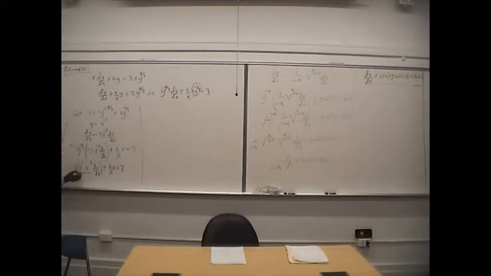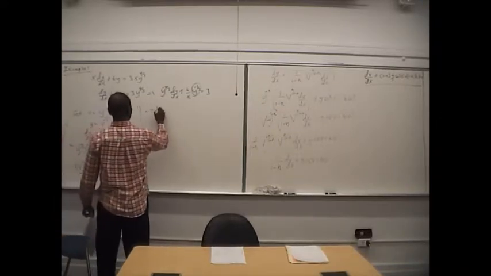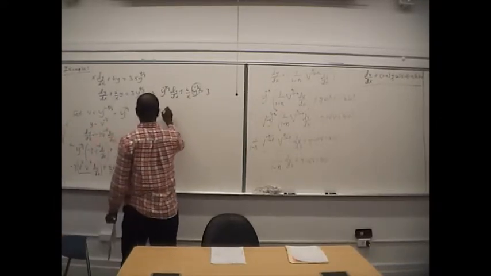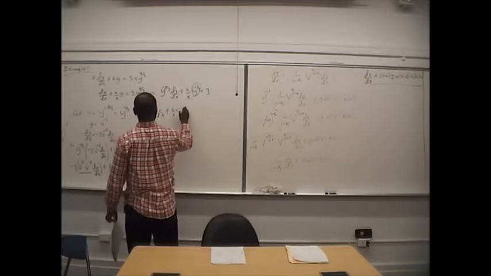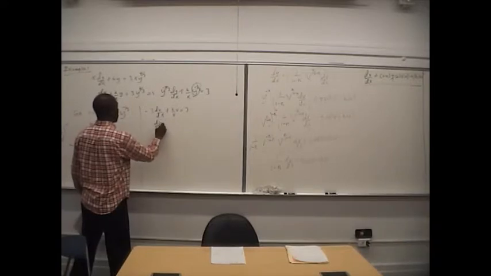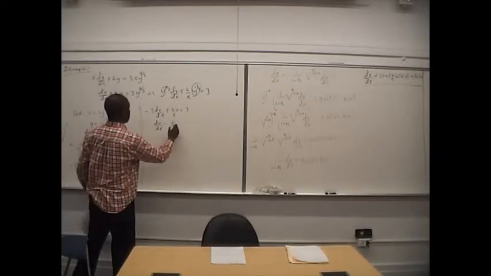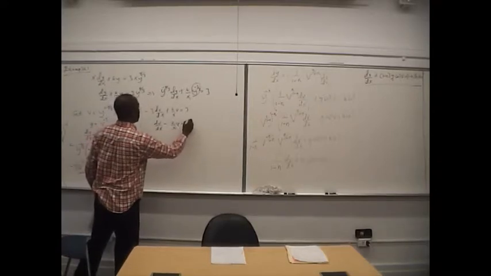So this conveniently becomes 1, and then we have -3 dv/dx + (6/x) v = 3. Divide through by -3, you have dv/dx - (2/x) v = -1.